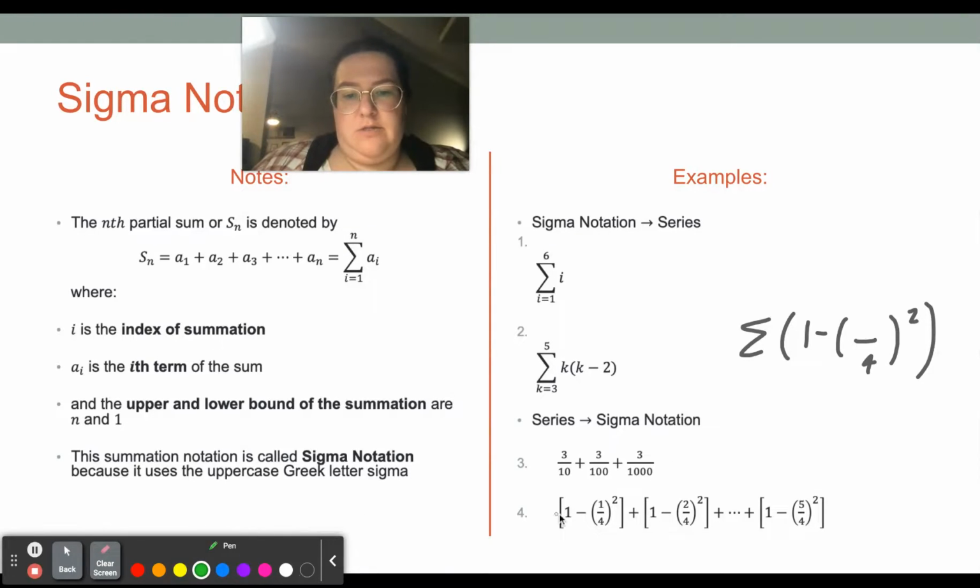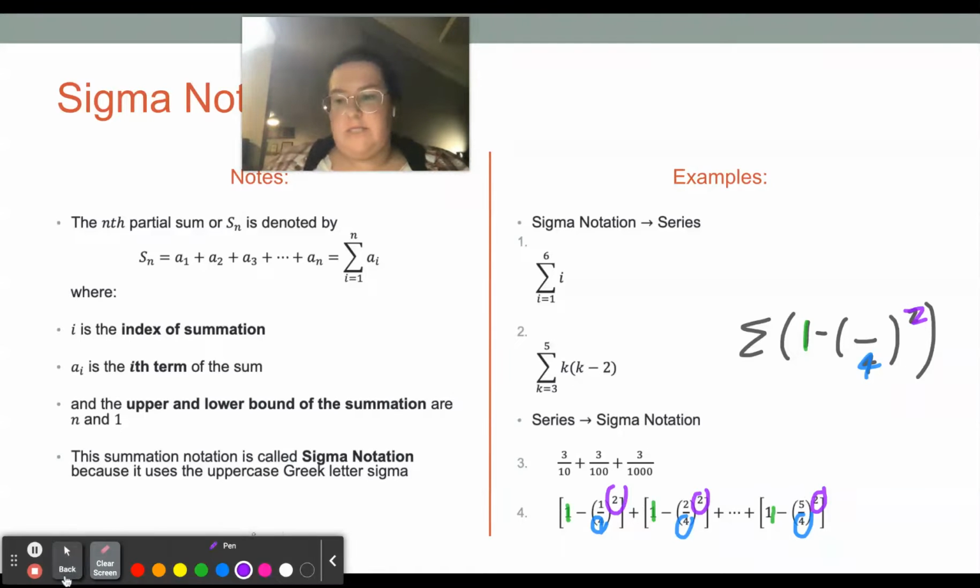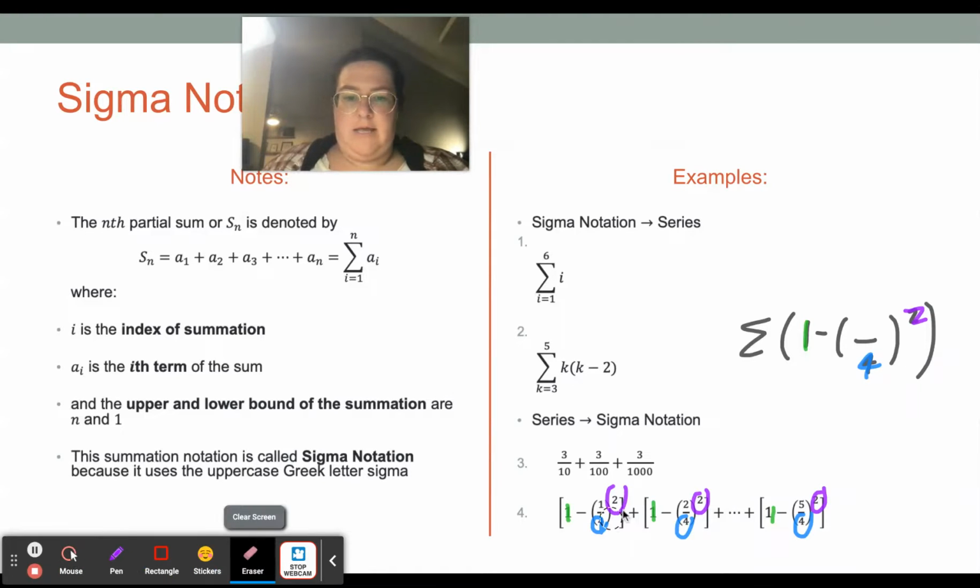Okay, so there's your 1s. Here's your 4. And then there's your 2. So what is changing, right, is the numerator of this fraction.